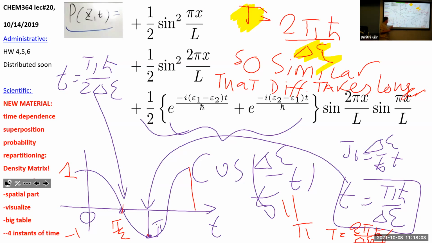So we may realize that this probability distribution will be a summation of these three functions, but the third one will come with different phase, different proportion, positive or negative. And this proportion is changing over time as cosine of the time, right?